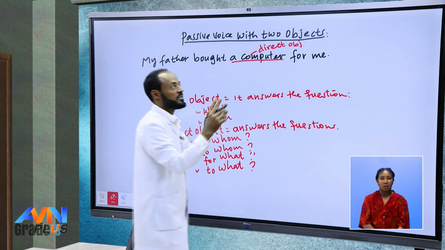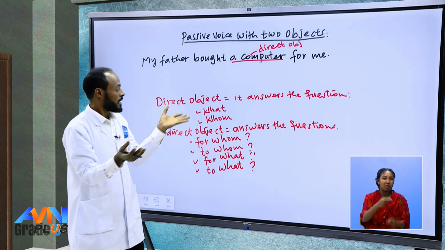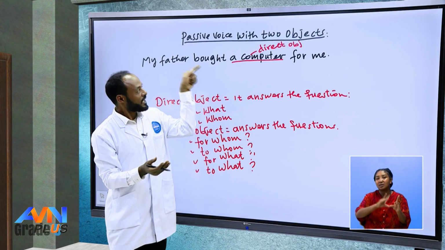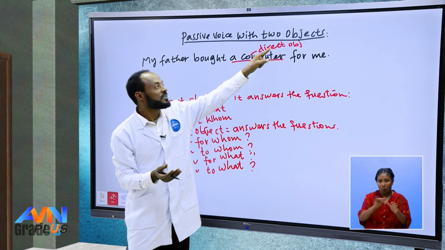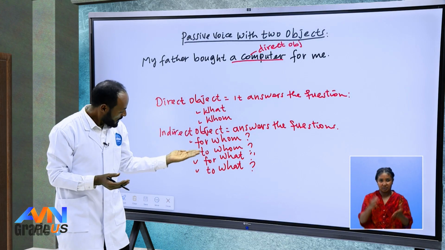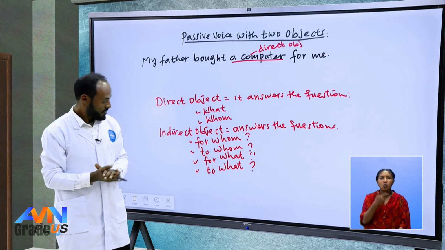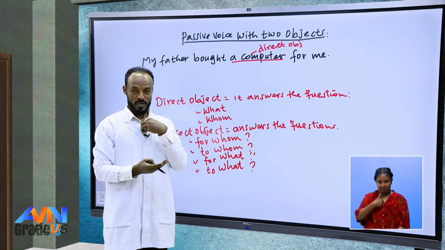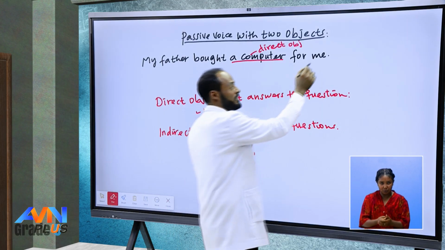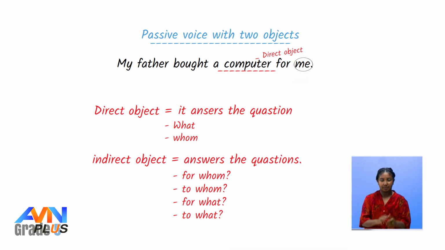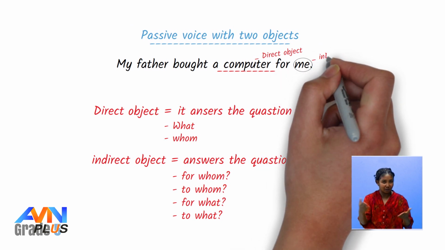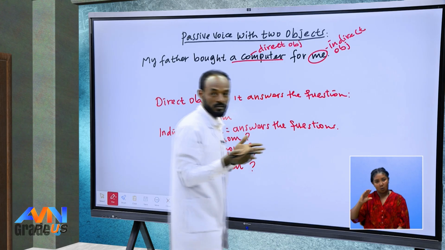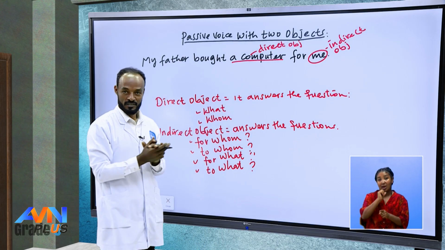Maybe you can say DO to make it short. So what did he buy? A computer. This is the direct object. For whom? For me, okay? For me. So here this means indirect object. Look, this one is the indirect object.